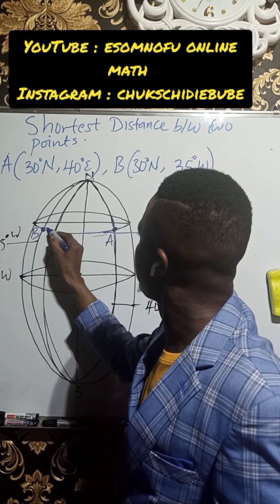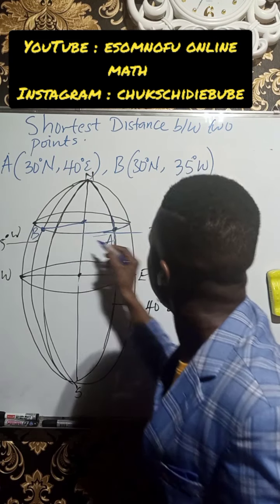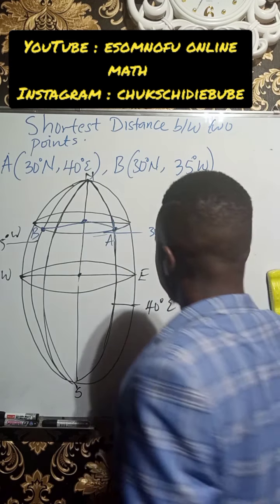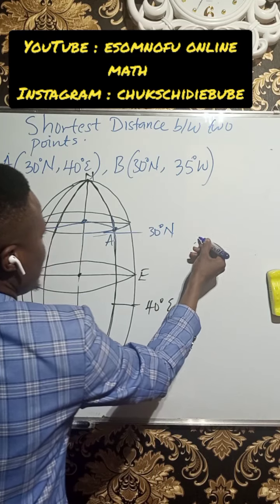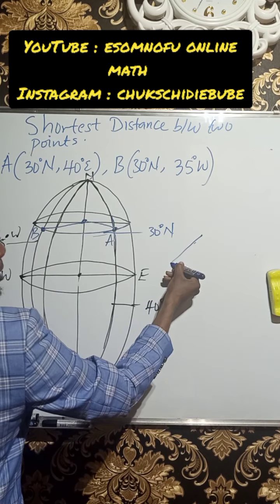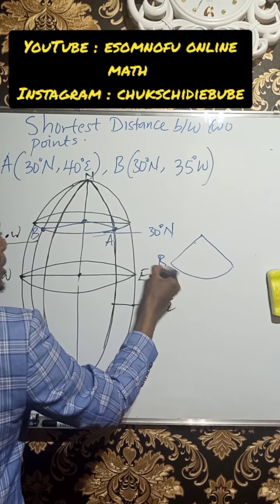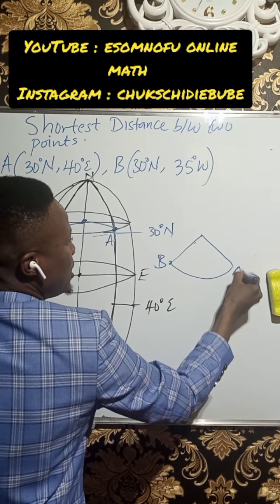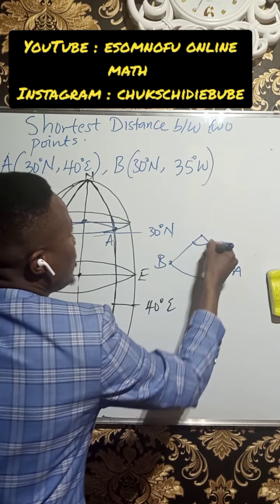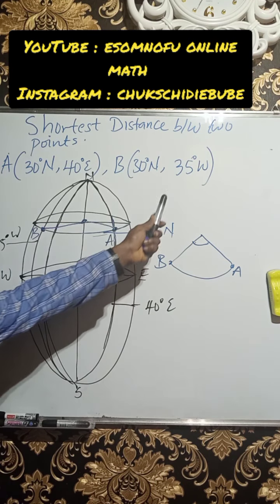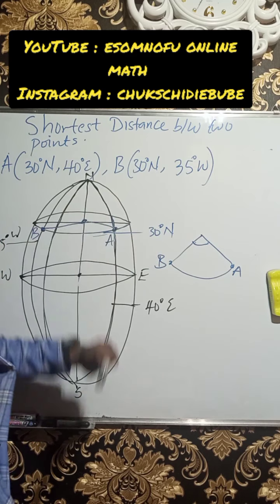For point B to the center, look at the center here. Point A to the center, look at the center here. You will now see that a shape like this is generated, where here is point B and here is point A. From the earlier discussion, I told you that when they are on different sides, we are going to add up.